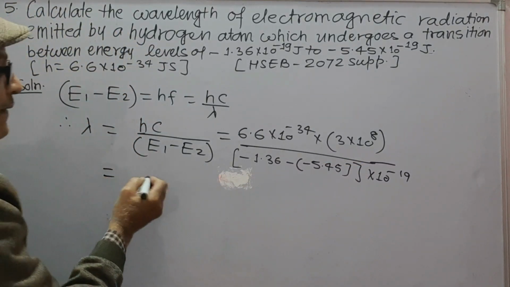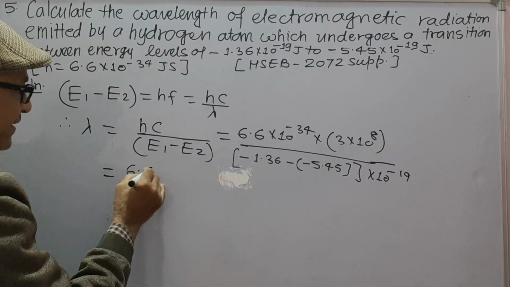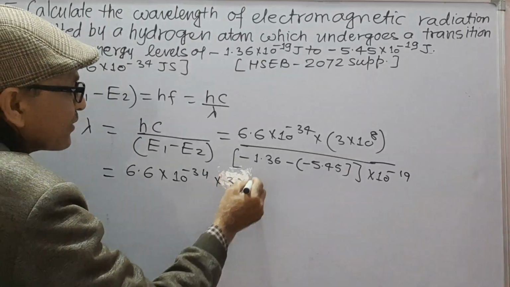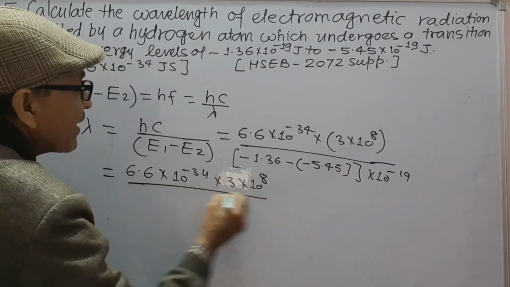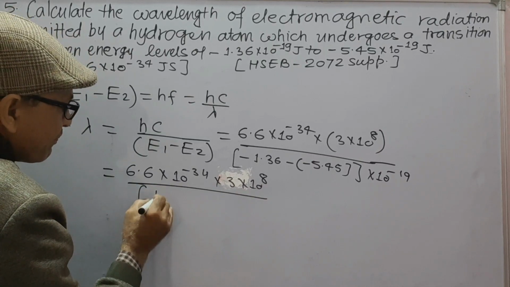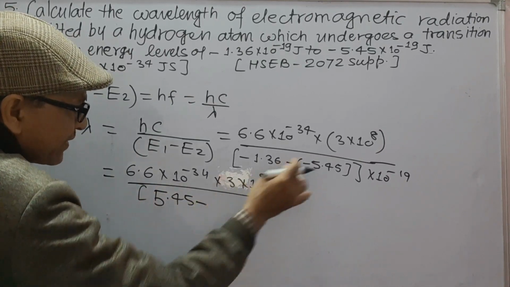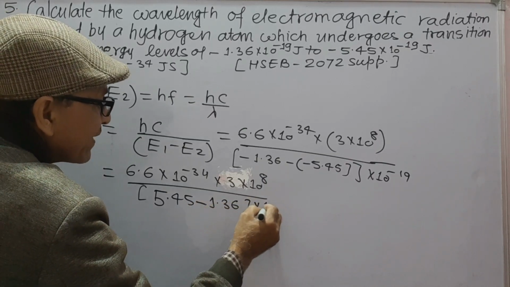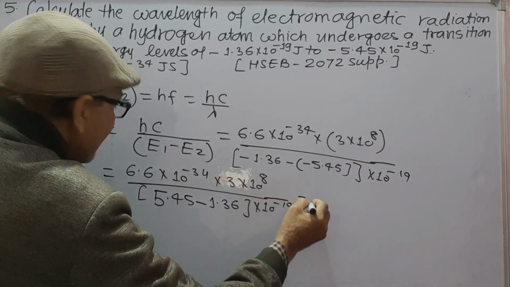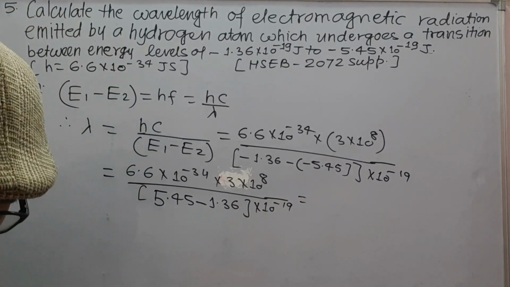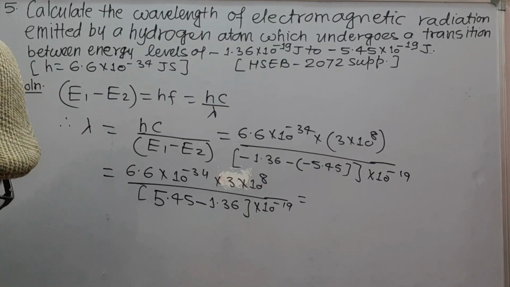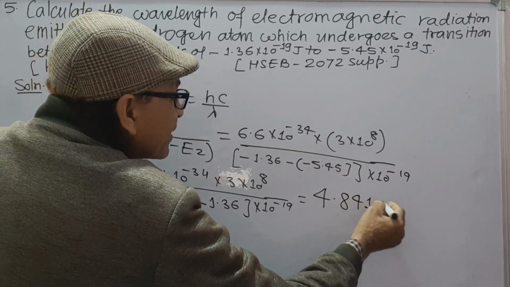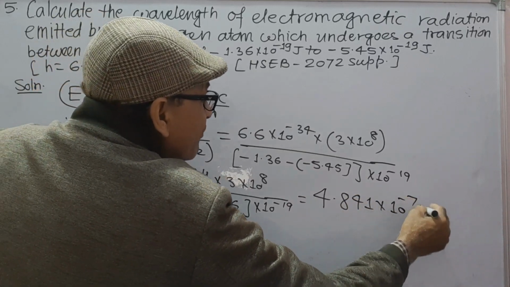So we get 6.6 into 10 to power minus 34 into 3 into 10 to power 8 upon 5.45 minus, this becomes plus, minus 1.36 into 10 to minus 19. On simplification, we get wavelength as 4.841 into 10 to minus 7 meters.